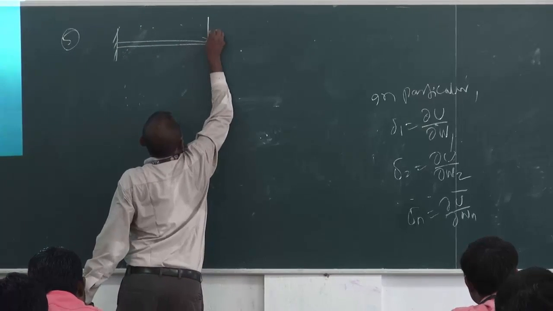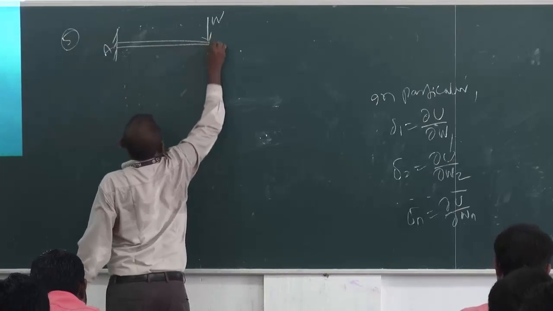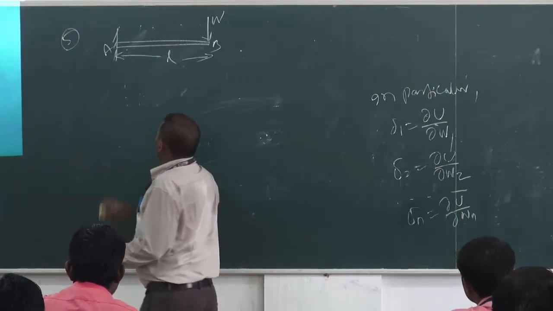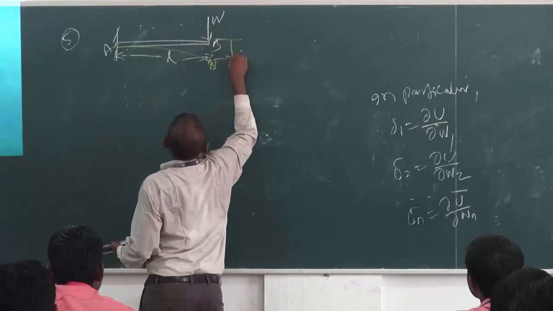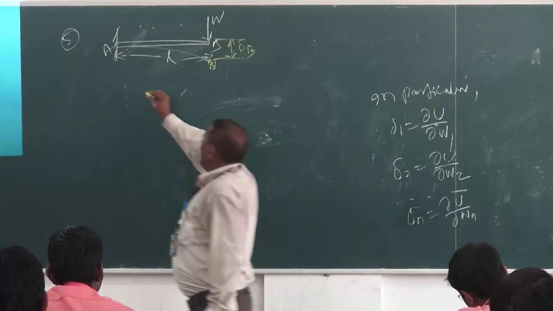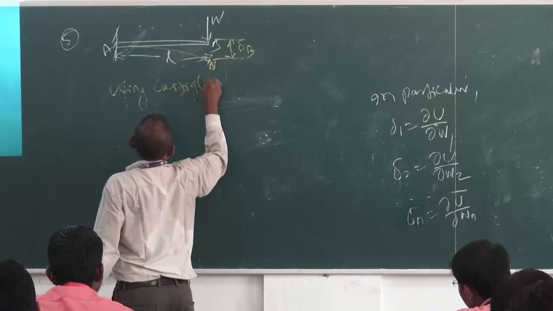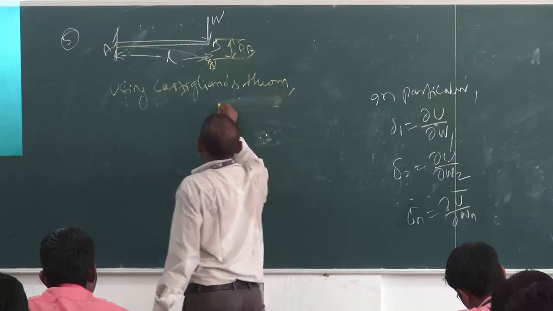This is your load W, and the beam is AB, with span L. Under the action of the load W, it will bend to B dash, and this is the amount delta B. Using Castigliano's theorem, what is your delta B?